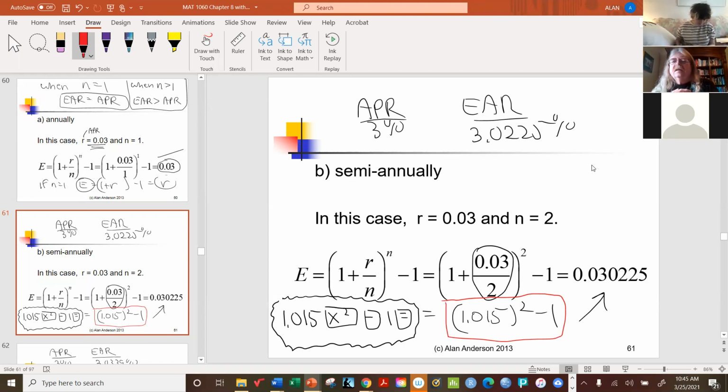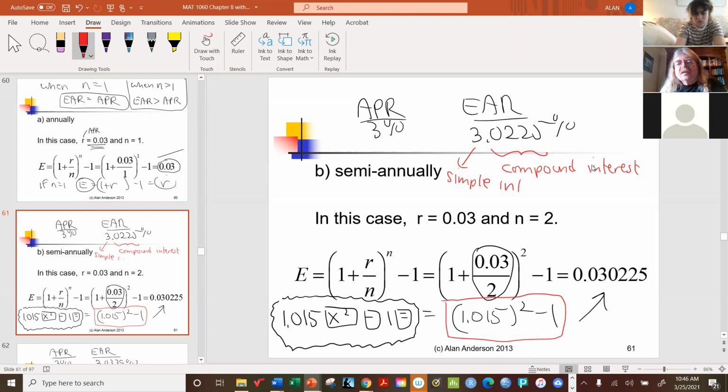So you can see now, because n is greater than 1, EAR is greater than APR. And in addition, we can make the following claim. This extra piece here is our compound interest, whereas the original 3% is our simple interest.